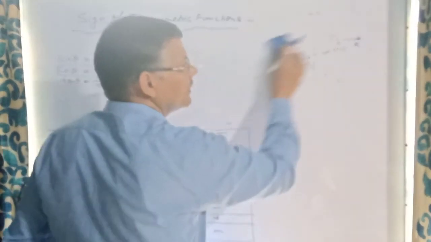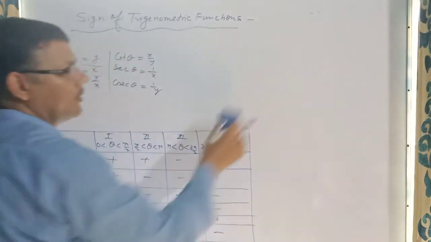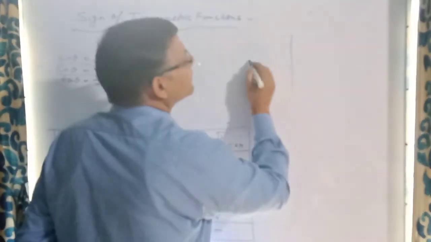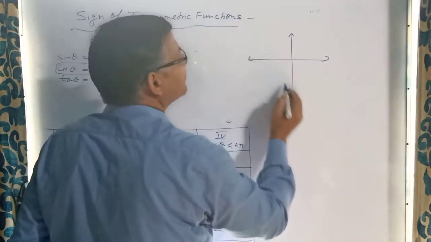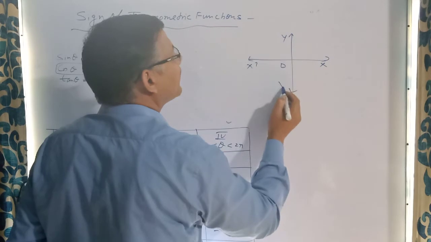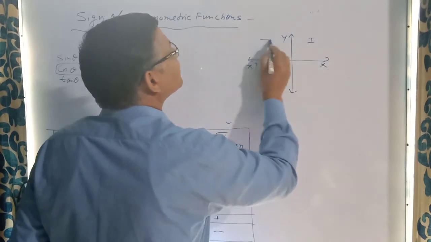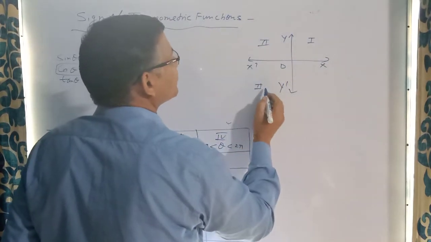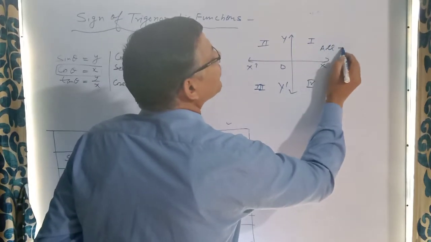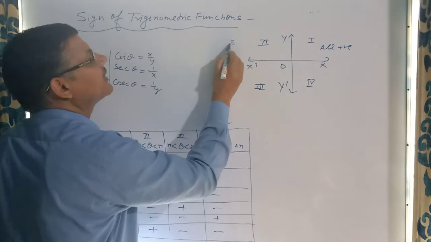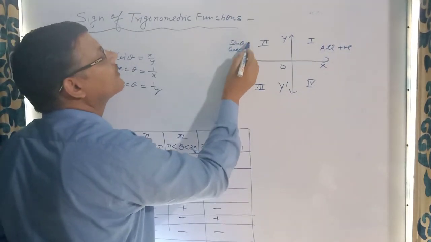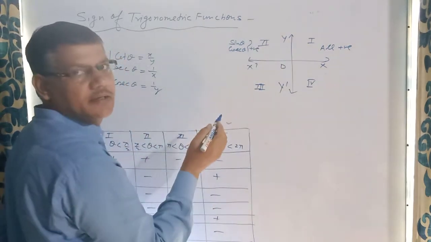We may write all things in a simple way by using a table. This table is this. This is the x-axis and y-axis, with the first quadrant, second, third and fourth. In the first, all are positive. In the second, sin theta and cosec theta are positive and the rest are negative.